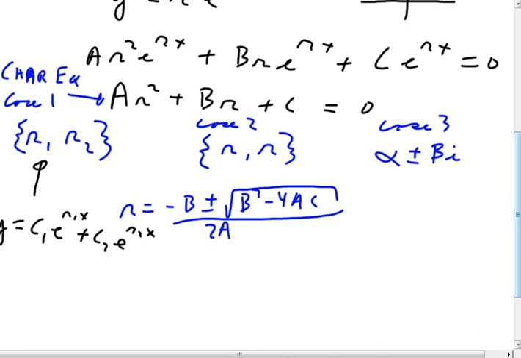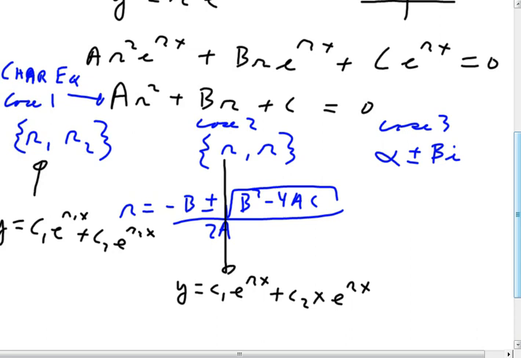If I have the same root, then I end up with y is equal to C1 e to the Rx, there's no R1, it's just R, plus C2 x e to the Rx. A second order differential equation needs to have two separate solutions that are not multiples of each other. They're not. So I end up having to add an x in there if I have two of them.